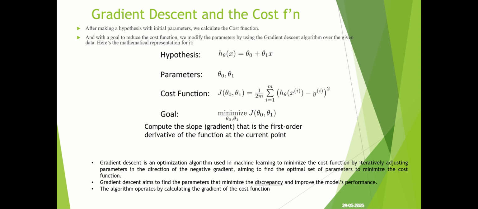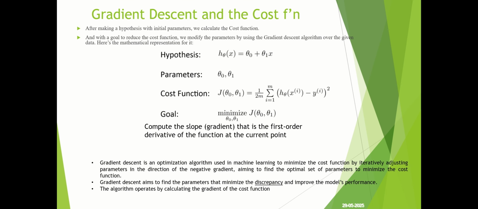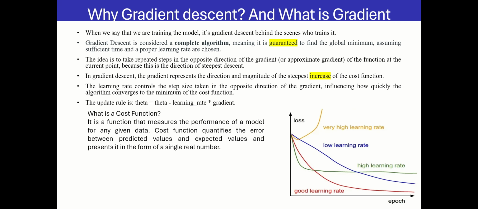And from the theta, hypothesis theta will be based on the hypothesis, it can be reduced or increased based on the cost function and learning rate. So if the gradient is negative, then it will be added for the parameter.